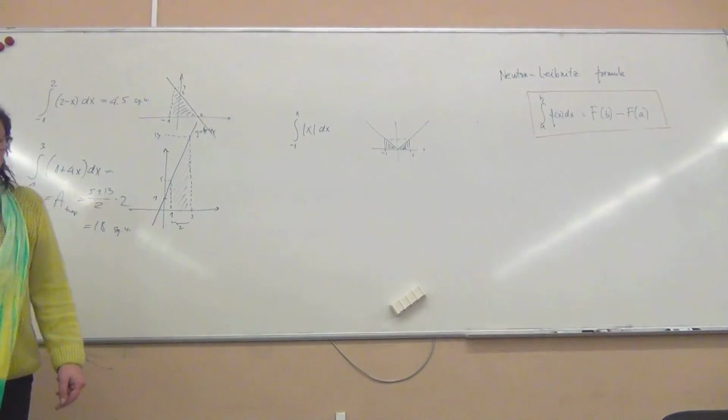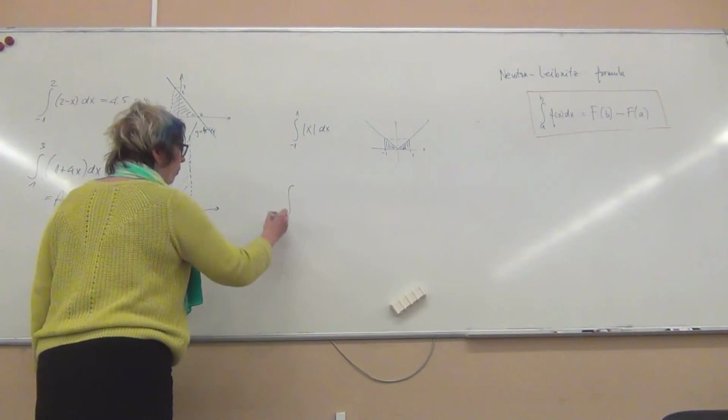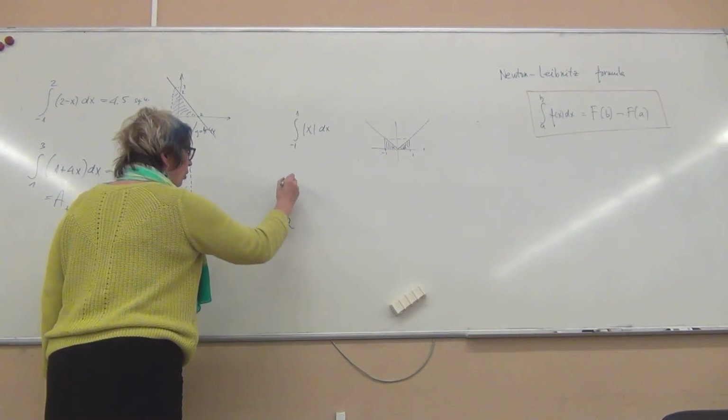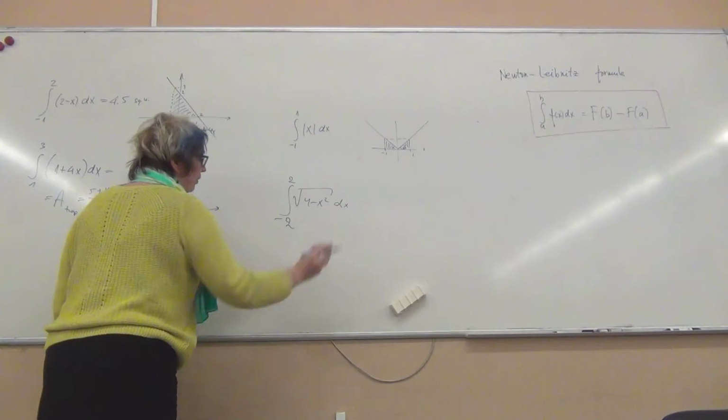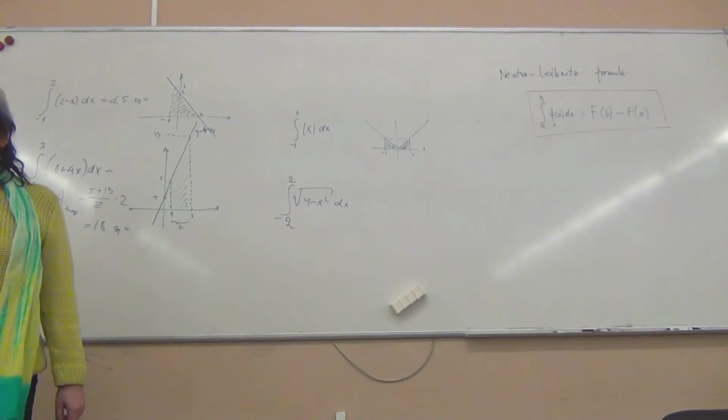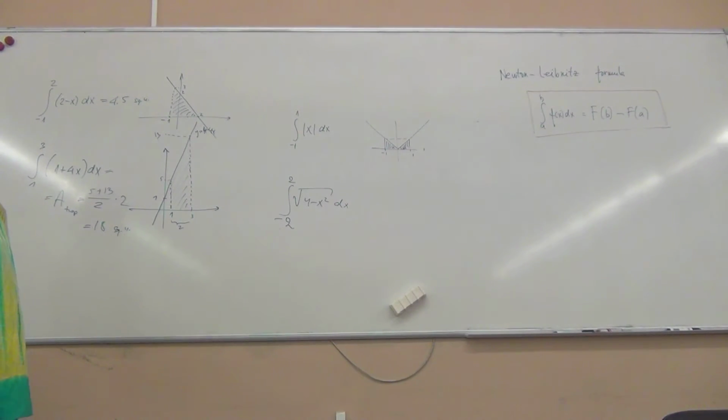And finally, my favorite one: from minus 2 to 2, the square root of 4 minus x squared dx. If you want to integrate this, you need a substitution: x equals 2 sine t, a new variable t.